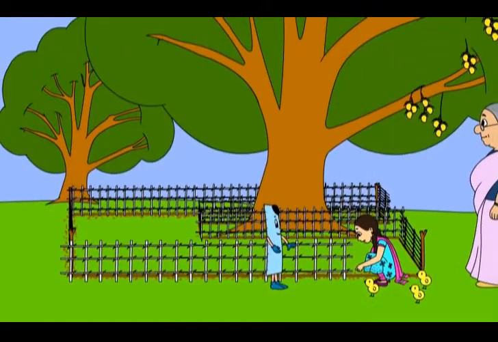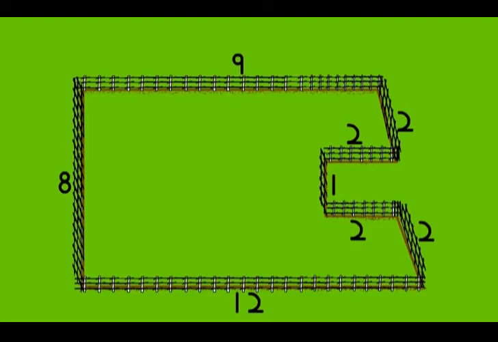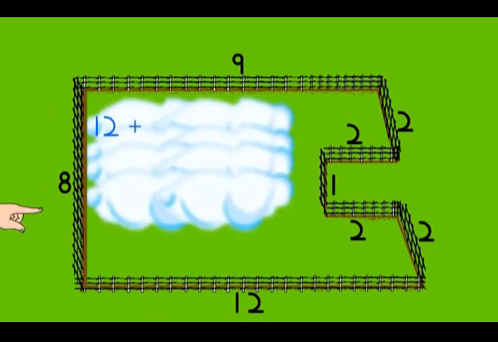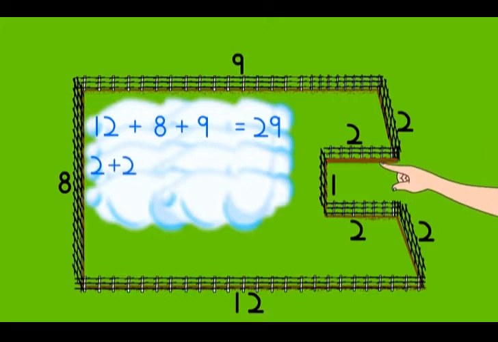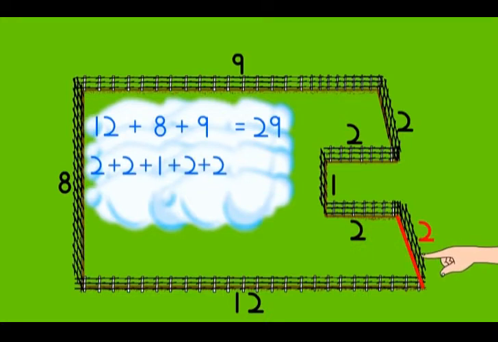Futta, let's measure the length of the sides. 3 sides are the same. So, it is 12 plus 8 plus 9, which is 29. Now, let's measure this side. It is 2 plus 2 plus 1 plus 2 plus 2, which is 9.